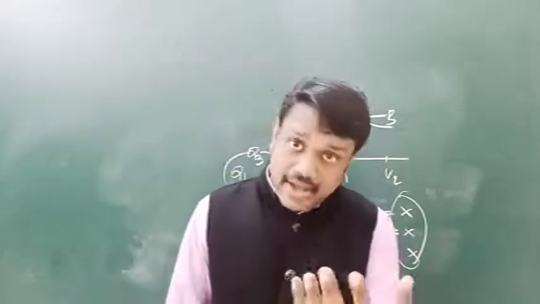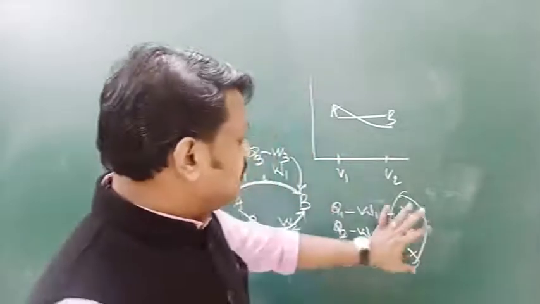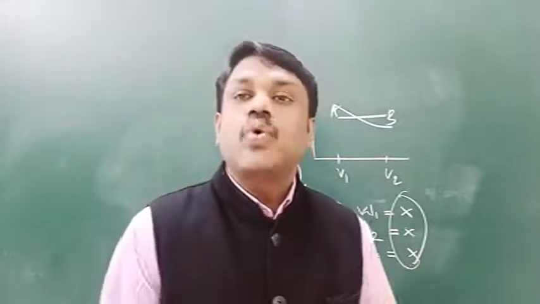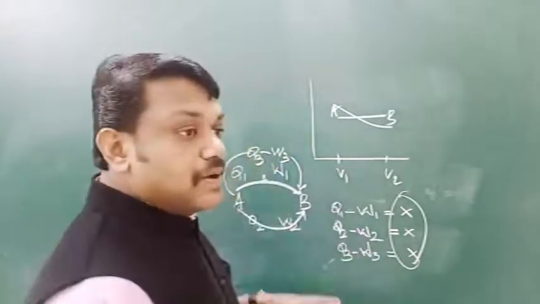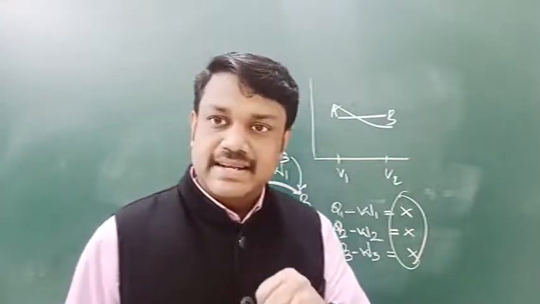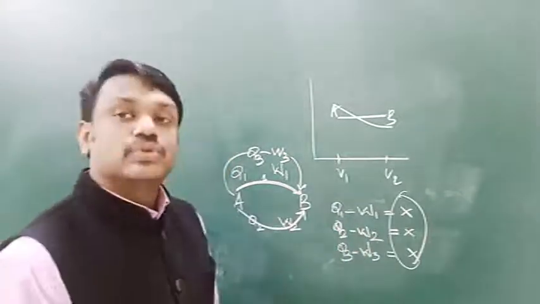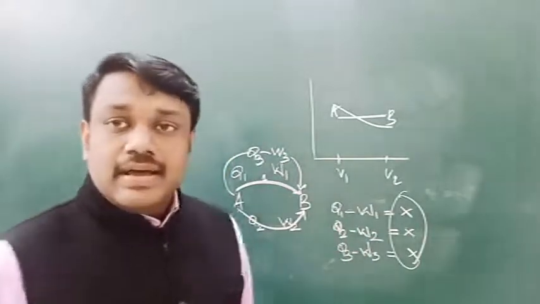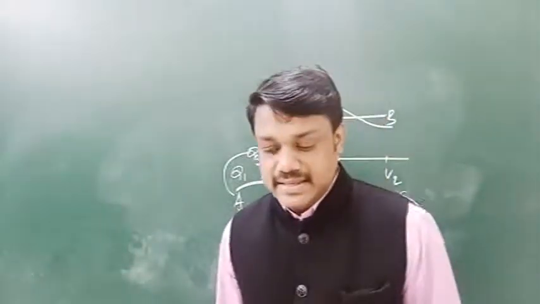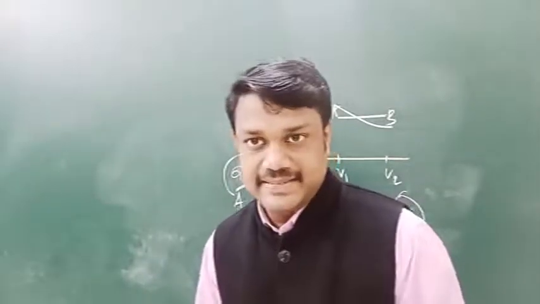We discussed what internal energy is in the last class. So this gives the definition of internal energy: energy stored within the system. Whatever the heat supplied, part of it is stored as internal energy, and the remaining part is used to do the work. That is why the difference between heat supplied and work done remains the same. That is the importance of internal energy.